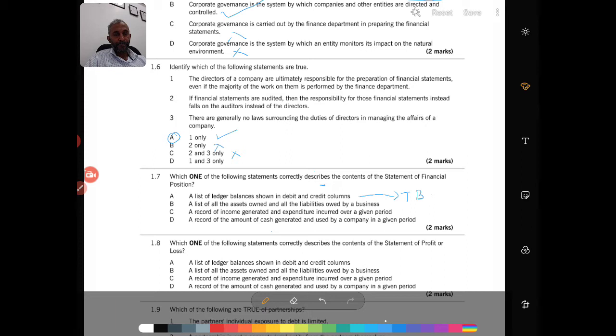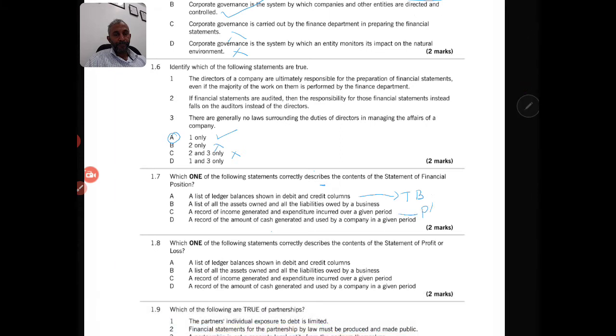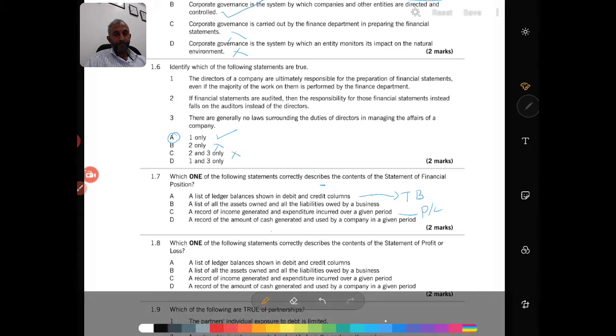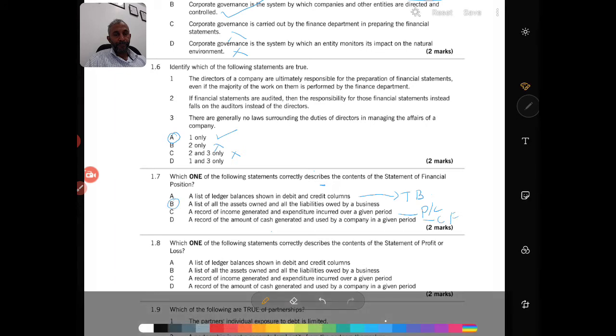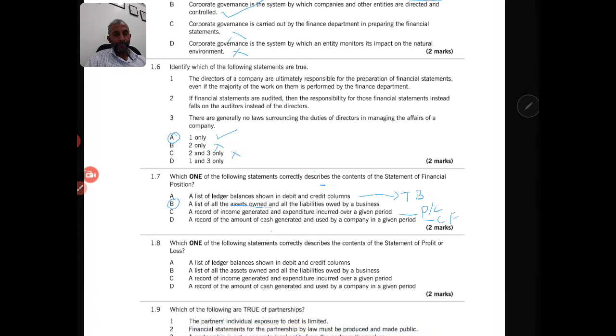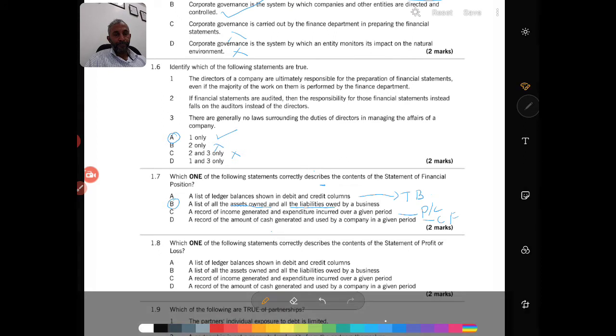C, a record of income generated and expenditure incurred? No, this is the P&L. D, a record of the amount of cash generated and used? This is cash flow. So the answer is B. They are referring to a list of all the assets owned and all the liabilities owed by a business. So that is 1.7.